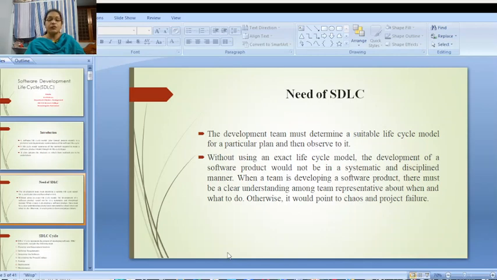As a developer, I have to be very clear about what type of model I have to use and when I have to use it. Otherwise, it would be a project failure. Why? Because I am not following any SDLC stages or models. This problem can be explained by an example: suppose a software development issue is divided into various parts and the parts are assigned to the team members.